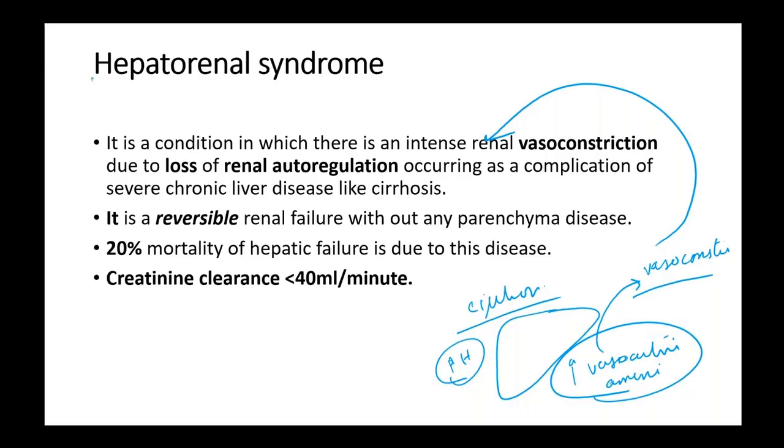That's why it is called hepatorenal syndrome, the liver affecting the kidney. These patients can have renal failure. It is reversible in the initial stages, but in later stages it is irreversible.